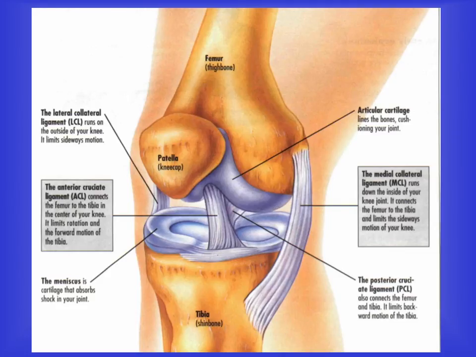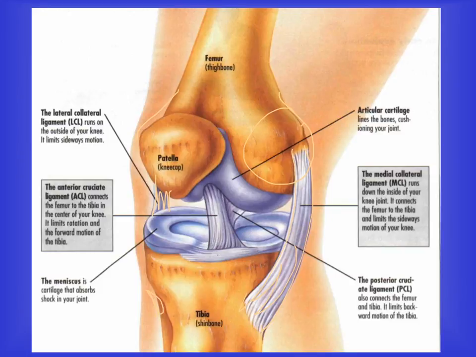So the first ligaments that we're going to talk about are the collateral ligaments, and so medially what we have is the medial collateral ligament, which connects essentially the medial condyle or epicondyle to the tibia medially, and then you also have the lateral collateral ligament, which is here, and it's going to connect the lateral epicondyle of the femur to the fibular head, which is laterally seated right here, if we can imagine that.